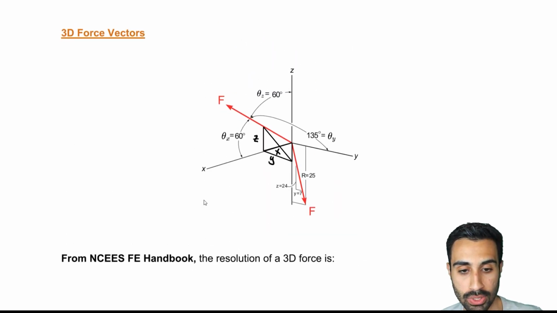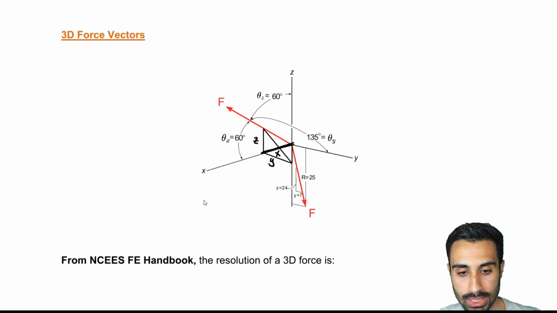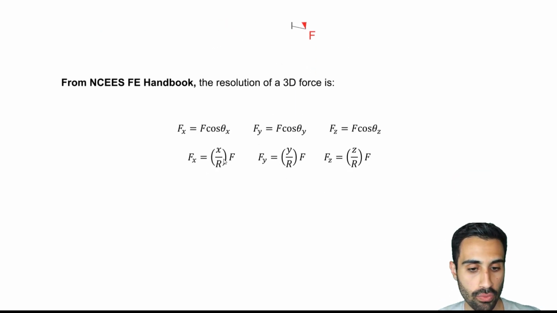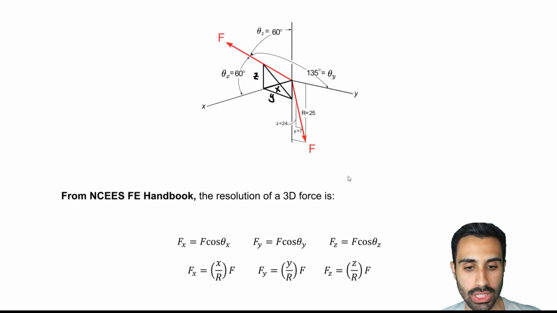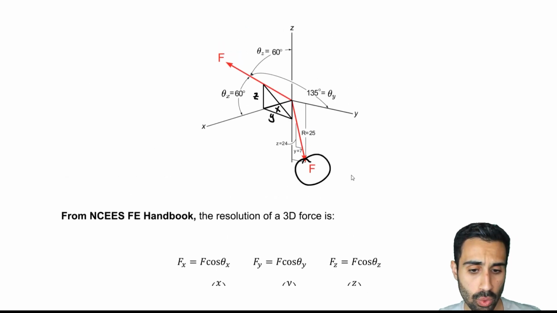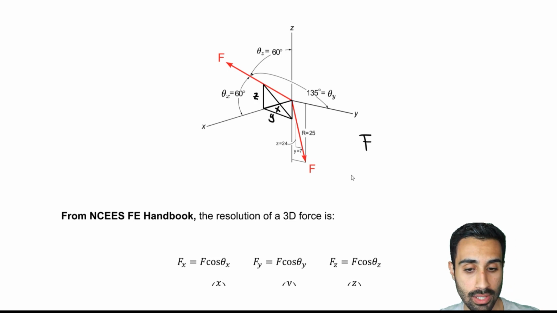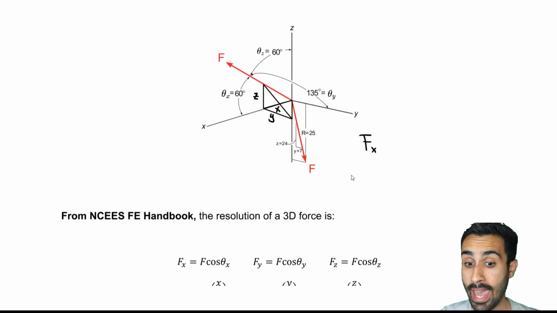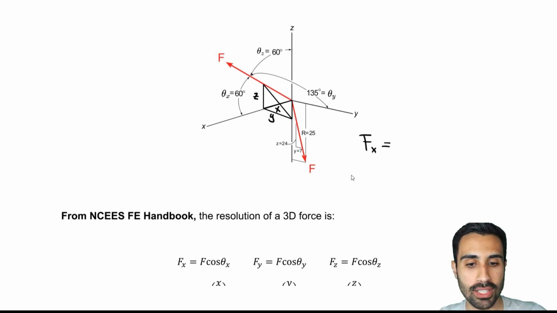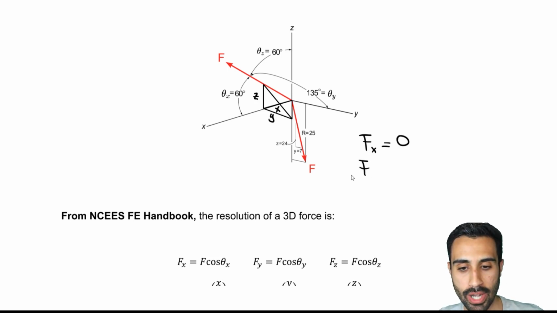To get Fx, you take the distance in the x for that triangle over r, times F. Same for Fy and same for Fz. And here we can do that for this force. How do we get that? What's our Fx? There's no x, because this force is actually only in the z-y plane. So that's 0. What's our Fy?